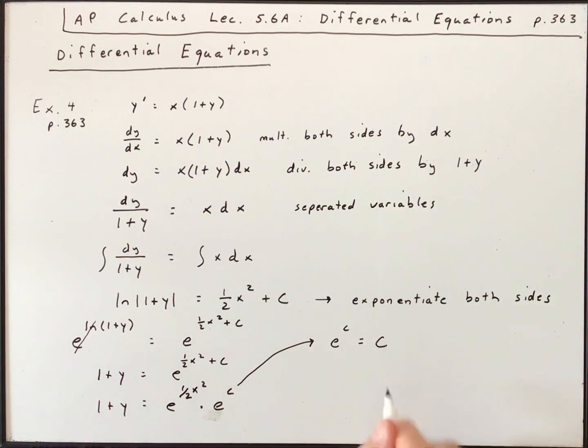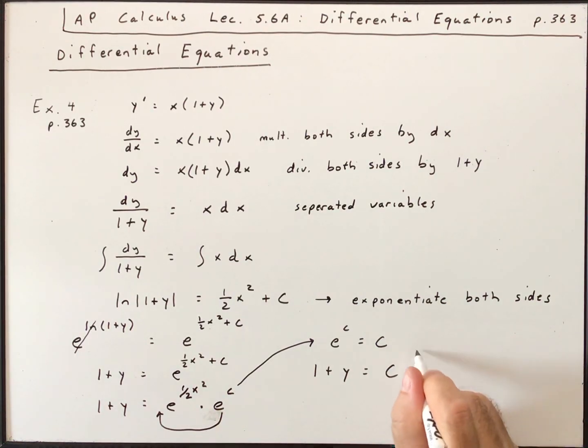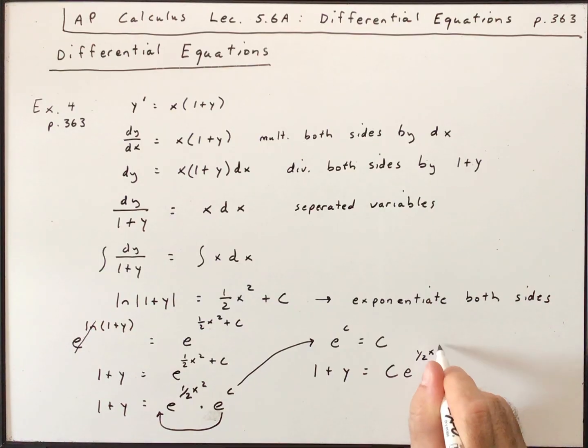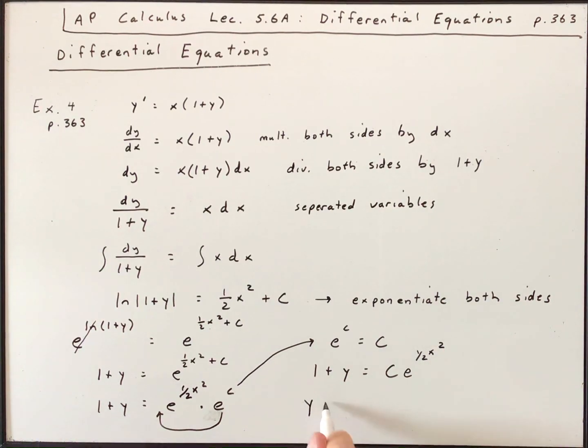It's just going to be a number. E to the c is e to the any number, so we can just call that c. So then we would have 1 plus y is equal to c, e to the 1/2 x squared. And then finally, solving for y, we have y equals c e to the 1/2 x squared minus 1.